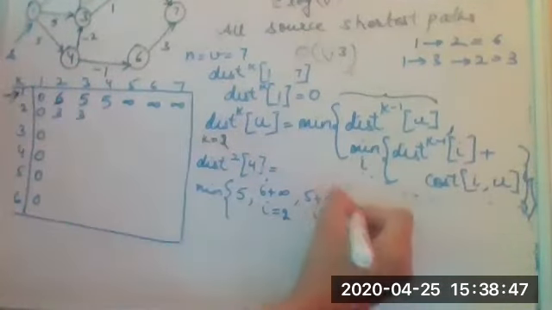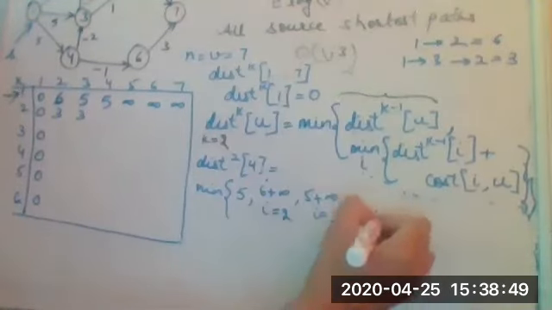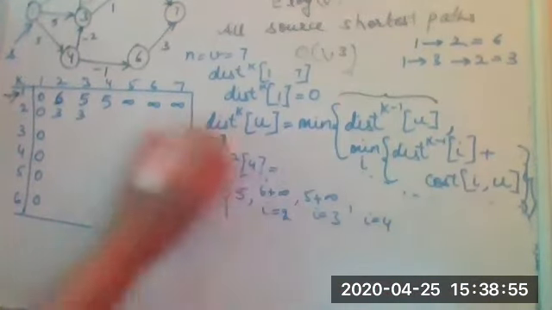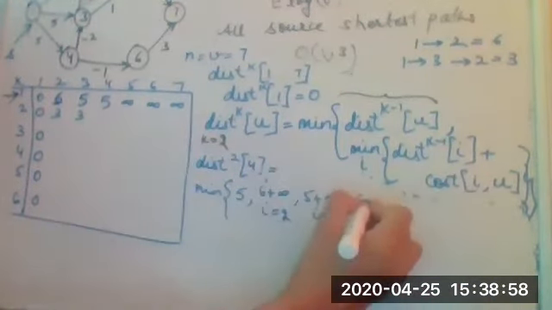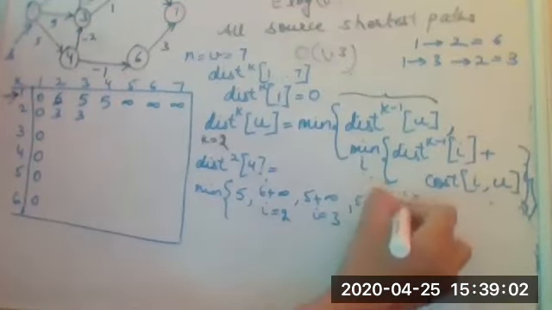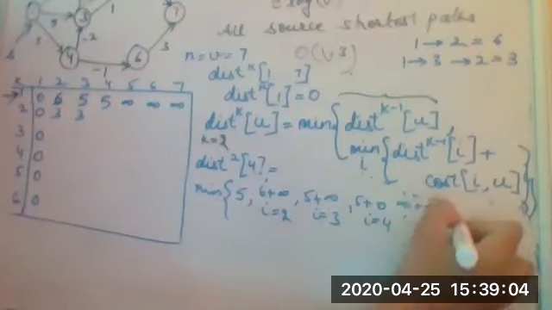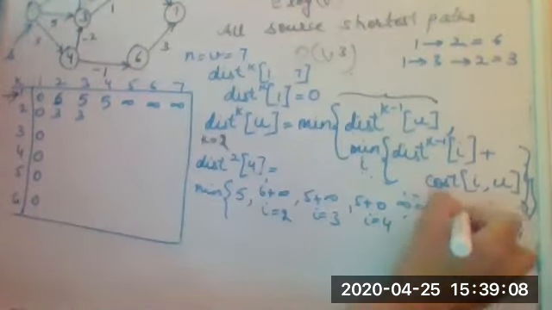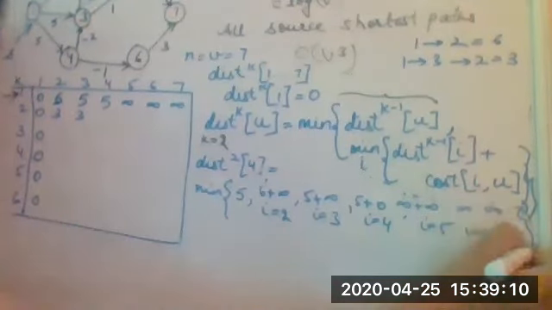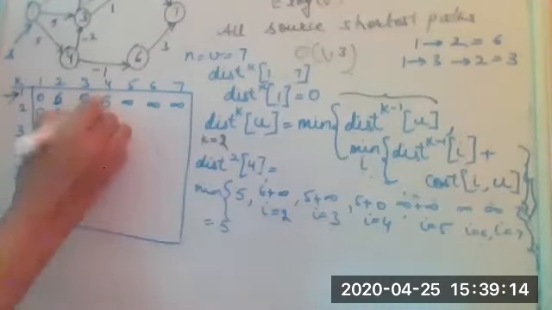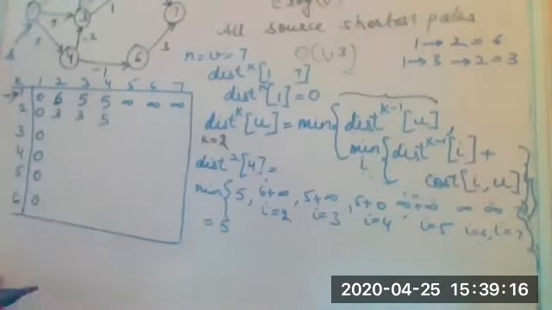So it will be adding up with the infinite values only for the remaining cases like 5, 6, 7. 4 to 4 is 0, so that's why it will be 5 plus 0, and I equal to 5 is infinite plus infinite. I equal to 6 and I equal to 7 also are infinity and infinity. So out of this, the minimum value is 5, and that is what we are going to put here.